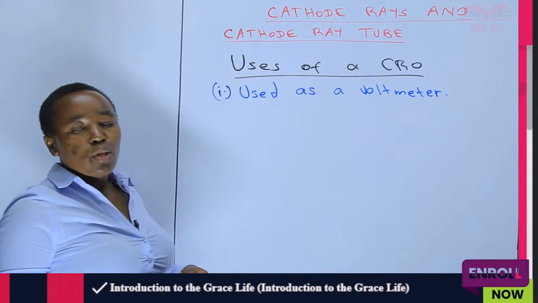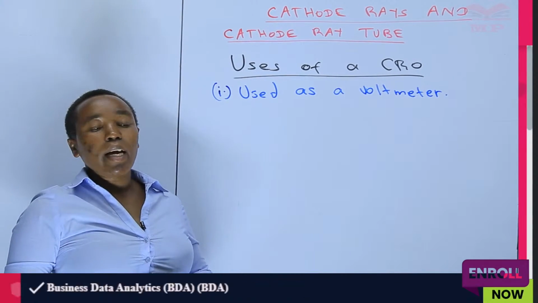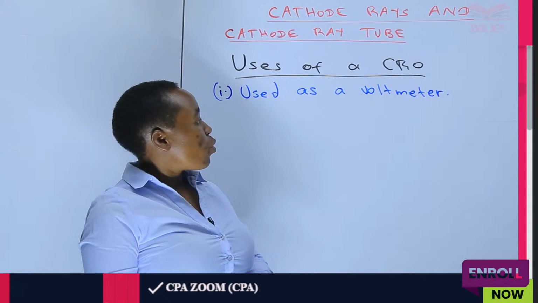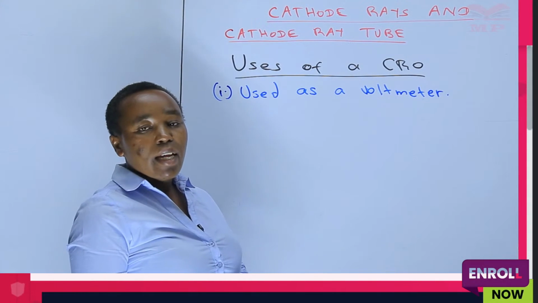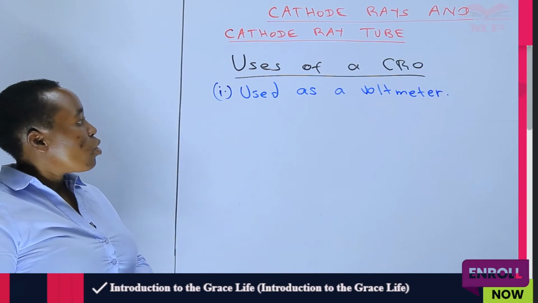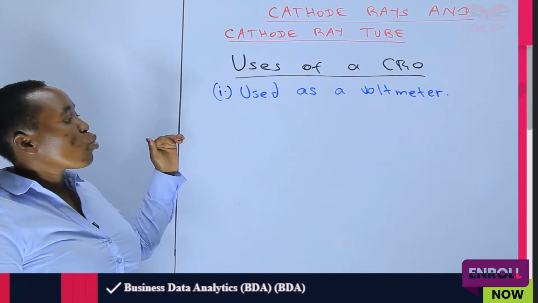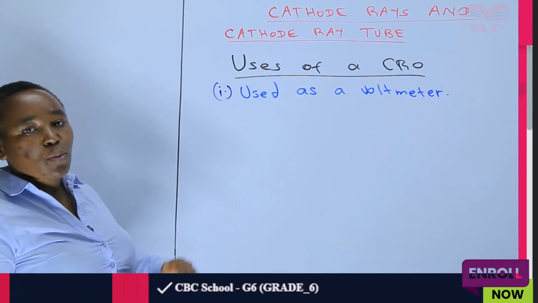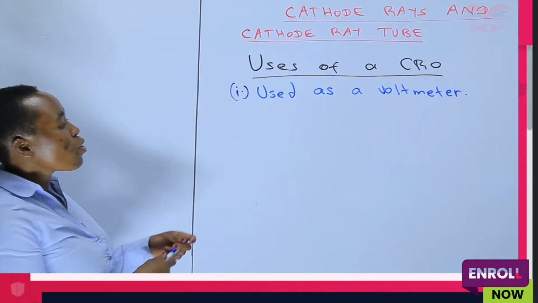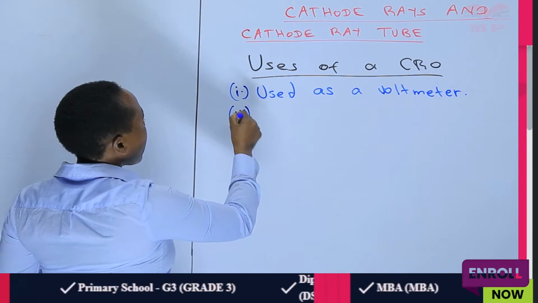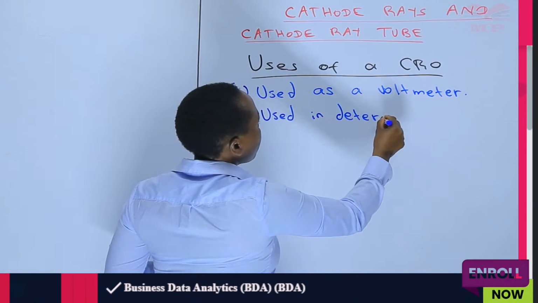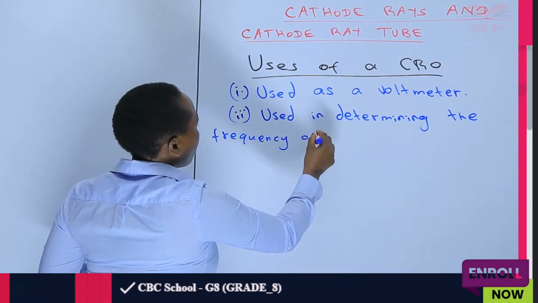A cathode ray oscilloscope is used as a voltmeter. We know from the topic current electricity that a voltmeter is a device that is used to measure voltage. So we have the CRO being used to measure voltage. So we are going to explain how. Then again, we can use a CRO to determine the frequency of an alternating current signal.